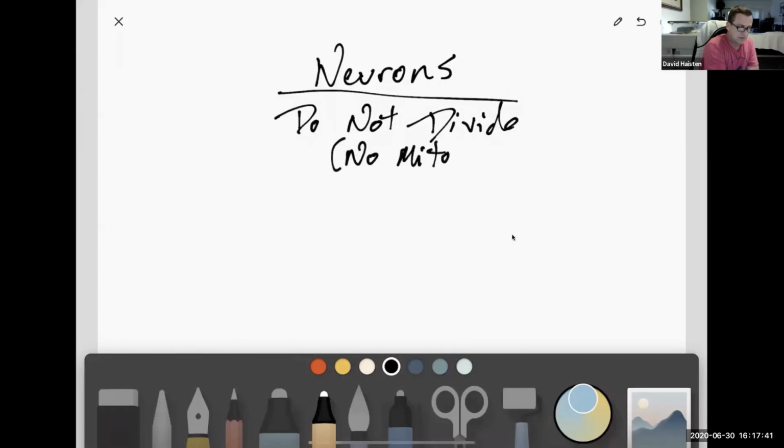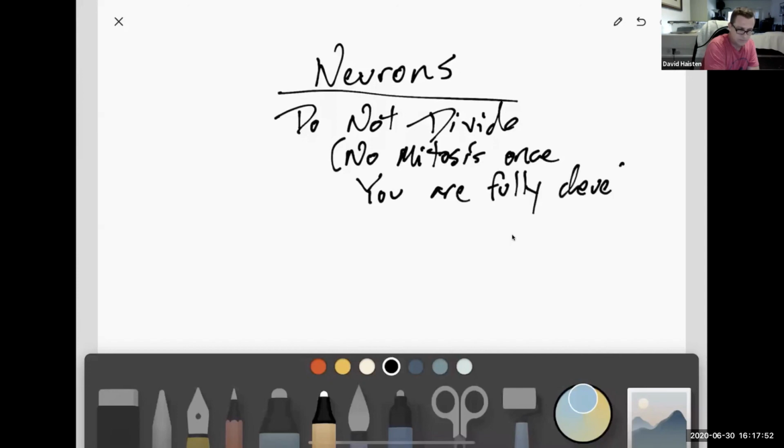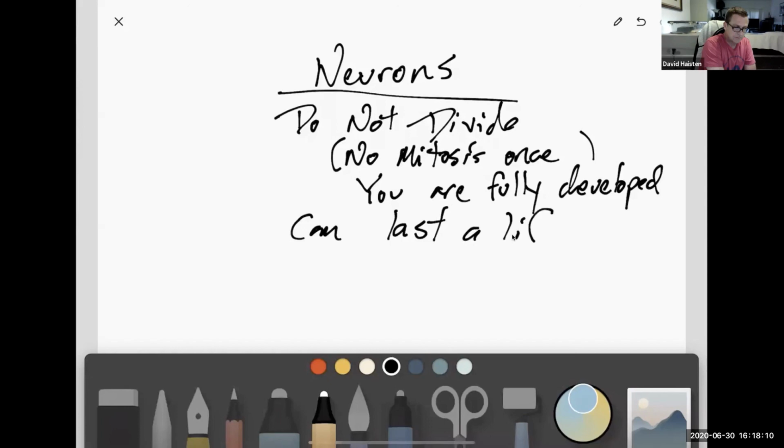So no mitosis once you are fully developed. Okay, I guess your brain grows as you're a child, but once you reach maturity, that's it. Can last 100 years. Your neurons can outlive you.